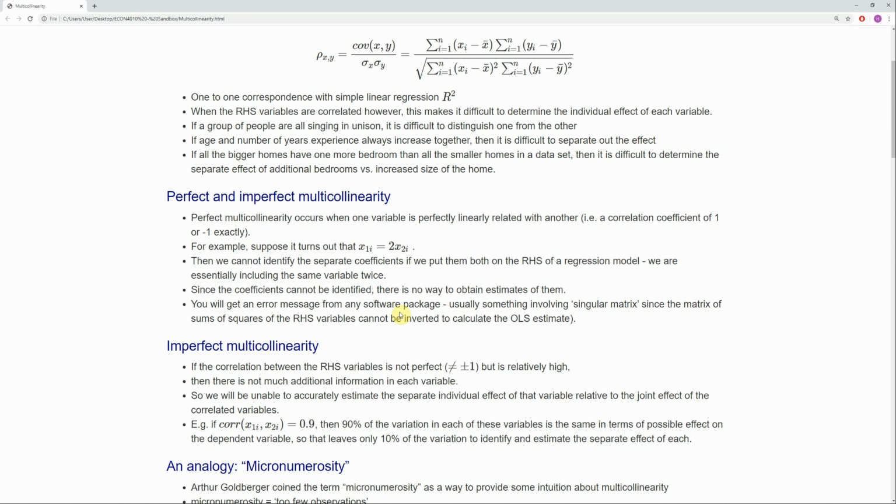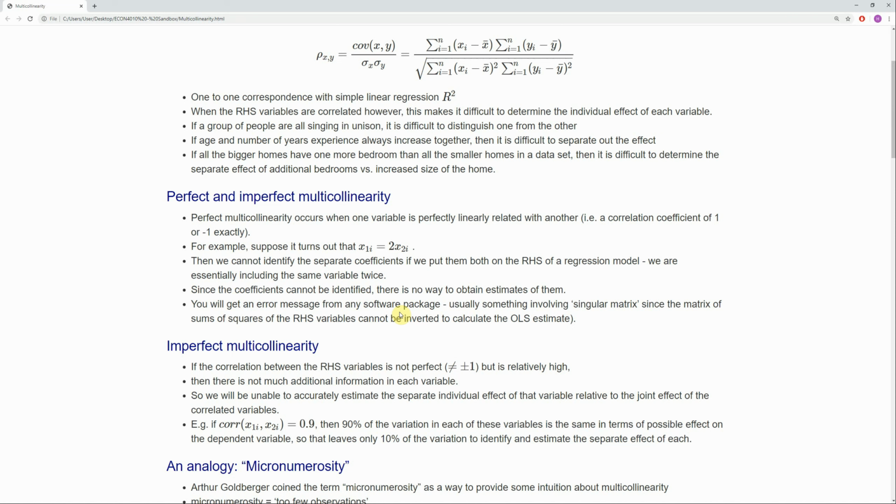Imperfect multicollinearity is when there is a correlation between the variables, but it's not perfect, so it's not exactly equal to +1 or -1, but still a considerable amount of variation in one variable could be explained by the other one. If they have positive correlation and you see one variable going up, you kind of know that the other one should go up too. Or if they have a negative correlation, if one goes up, the other one should go down.